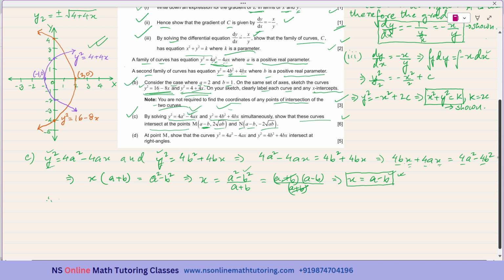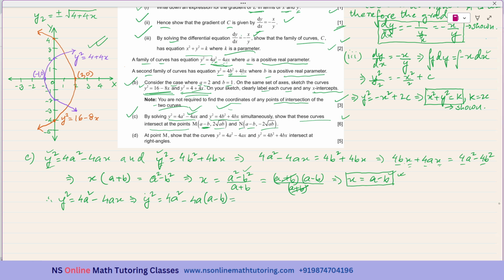So therefore, y square equal to 4a square minus 4ax implies y square equal to 4a square minus 4a times a minus b, which is equal to 4a square minus 4a square plus 4ab. So these two will be getting cancelled and we have y square equal to 4ab.